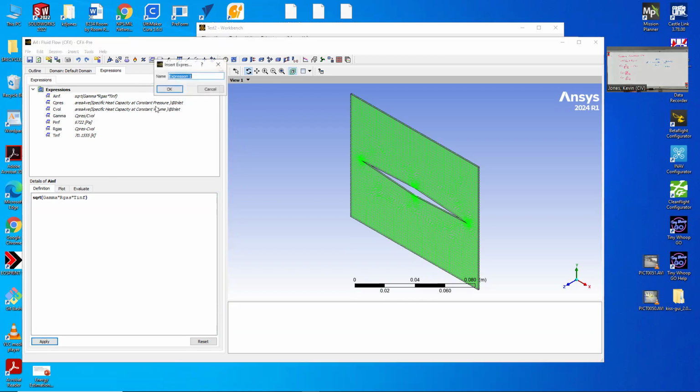And our Mach number, so our other input. Mach number 4.6672.